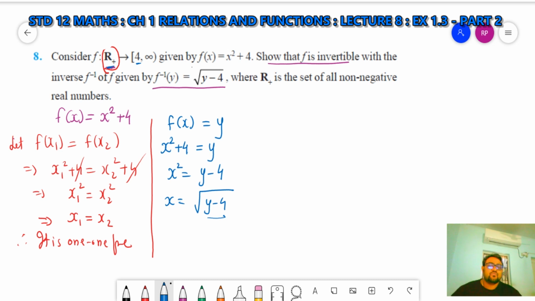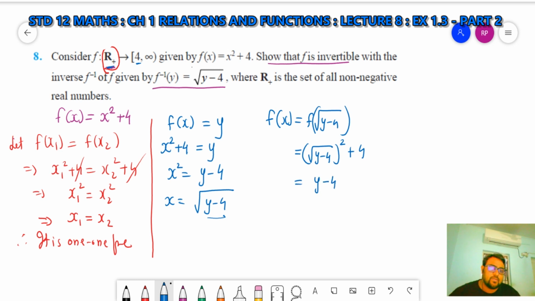Clear? So now let's take f(x) equal to f of square root of y minus 4. So what is this? x square plus 4. This will be square root of y minus 4, squared, plus 4. So the square root and square get cancelled. y minus 4 plus 4, and this is equal to y.